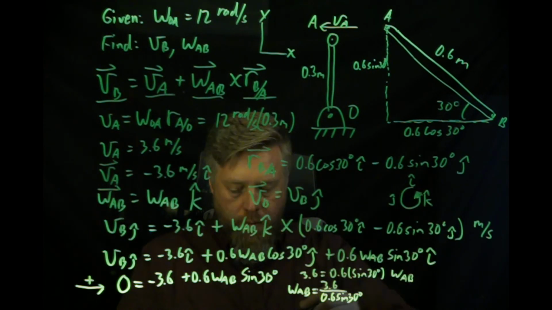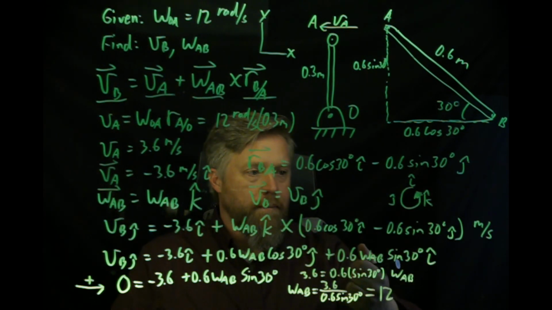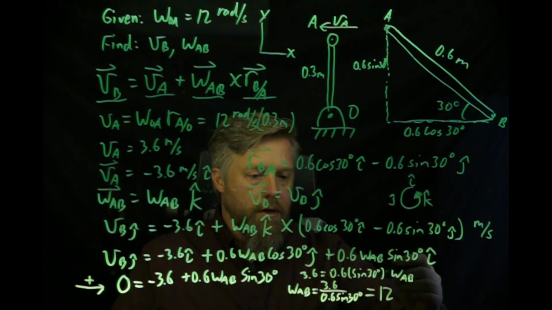And that gives us 12. And the units, I'm going to have meters per second on the top, meters on the bottom. So that's going to be nothing per second, or radians per second, because radians is our non-unit.